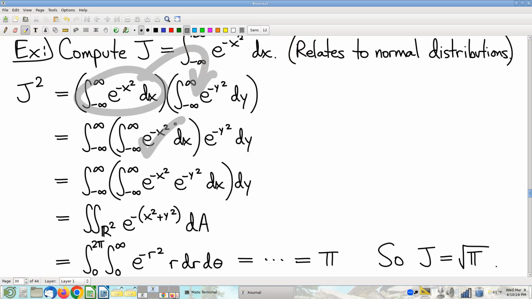Oh, that's a great question. Yeah, I did kind of sweep that under the rug. That's a really great point. I think in order to really be honest about this, I should have made a convergence argument. It's not hard to make such a convergence argument.